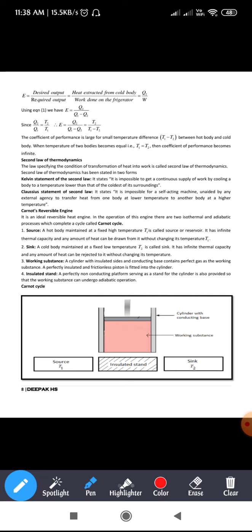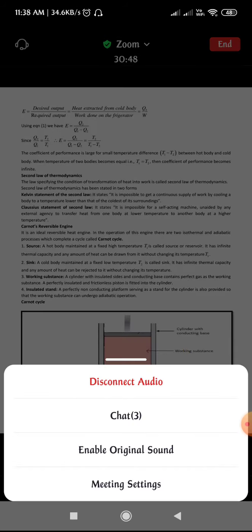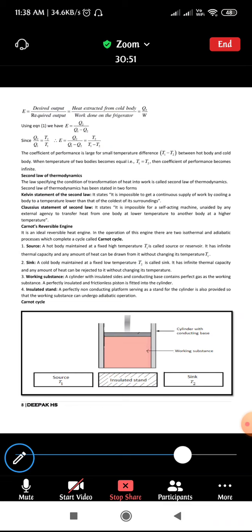Only then can you make the heat flow from lower to higher temperature. That is the meaning of the Clausius statement. Is it fine? Go through the Clausius statement once or twice and try to understand it, because even this is a 2 mark question in your examination. Go through the Clausius statement of the second law and try to understand it.